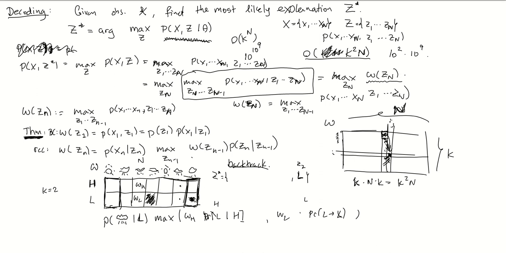There might be multiple ones, and then we take any of them, and we'll get a path through the table by continuously doing this.